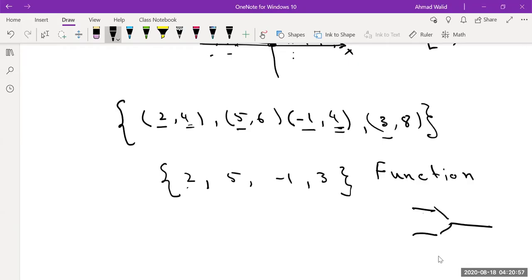Your first car is 2, the other car is -1. 2 cars at the same time can go to one road. That's the illustration that I did for you. When you have a repeating y, no problem. Later, when we discuss one-to-one functions, then yes, it's important. But right now, to understand if it represents a function, yes or no, just check the values of x.